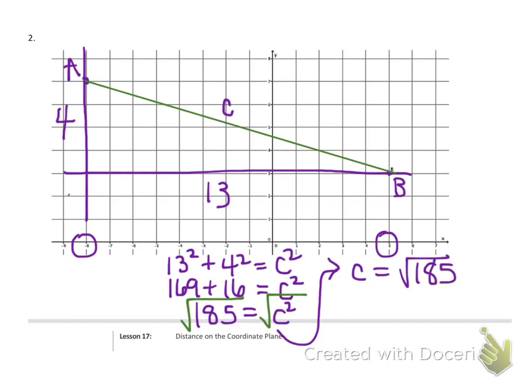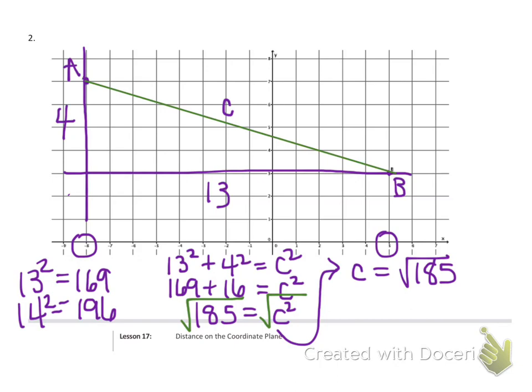Okay, and we just saw that 169 is 13 squared, and 14 squared is, let's see, 196. And so our square root of 185 is somewhere in between there.